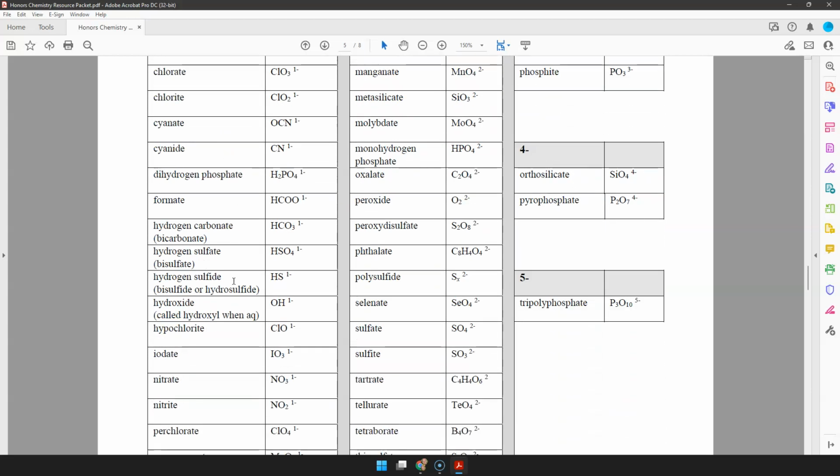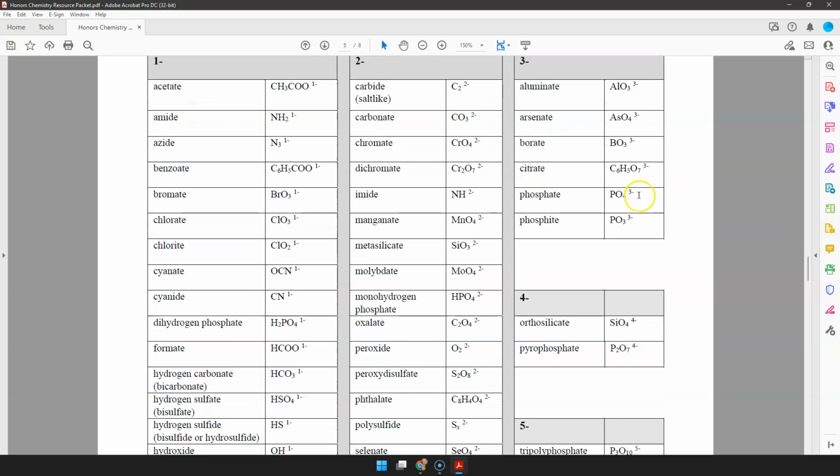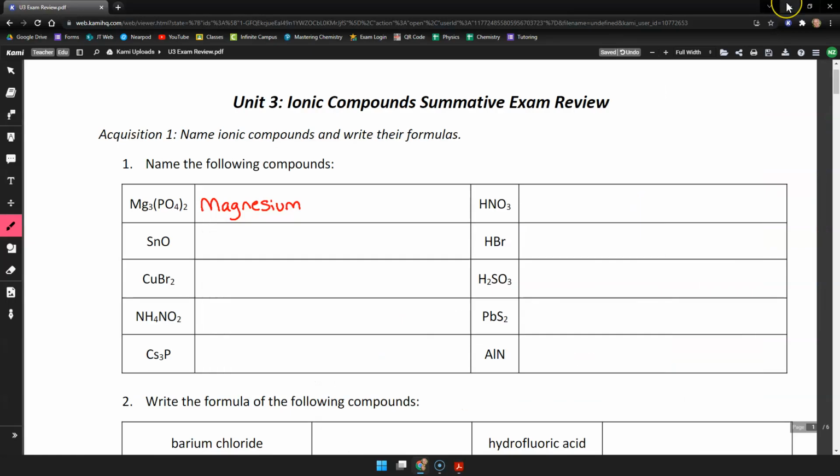PO4, where is that? It's right here, phosphate. So it's going to be magnesium phosphate. When we're working with polyatomics, things that come off that table, we do not change the ending. We just leave it exactly like it is.